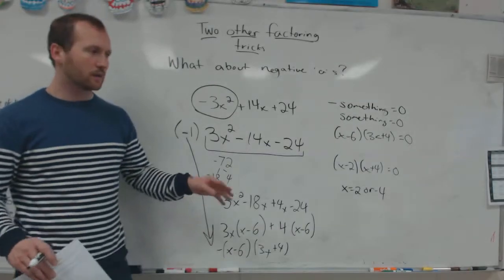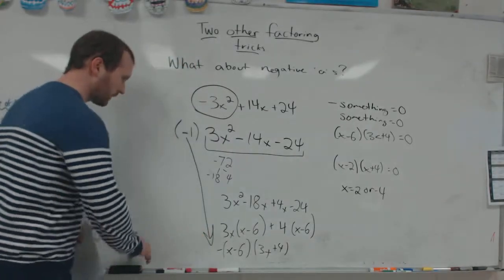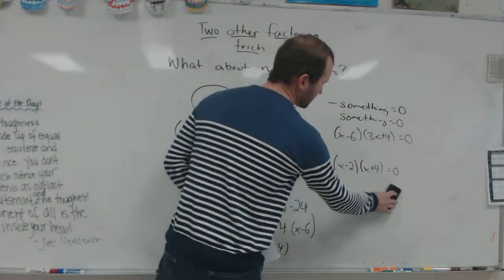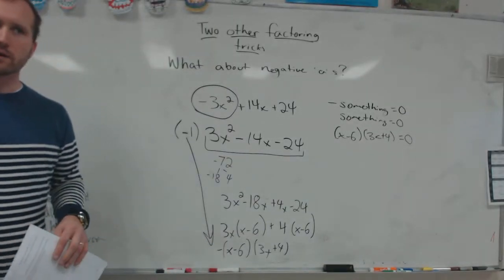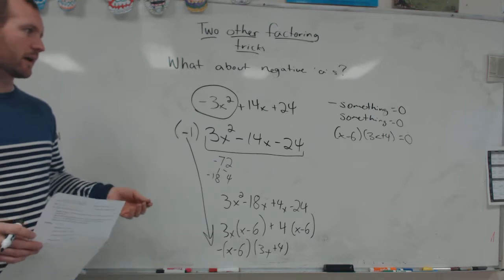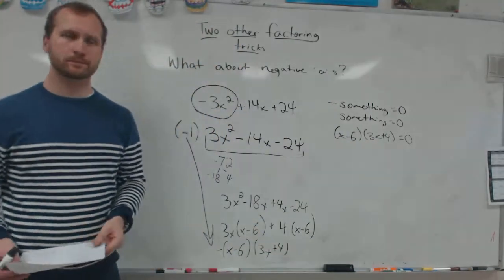So this is going to be our next step. That's what we're going to do again tonight. It's the same thing that you were doing before, just a little bit more complicated, because now we have something like 3x instead of just x.